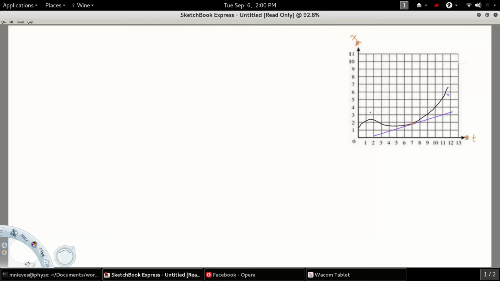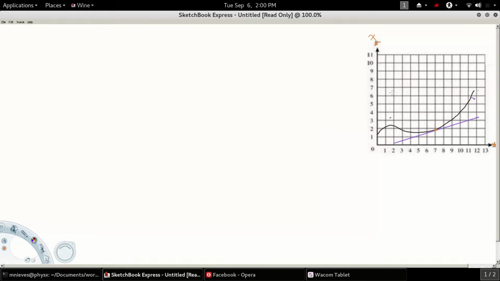So now instead of the average rate of change, we're asking, okay, so at time t is equal to 7, what is the rate of change of this curve? So we're not looking for an average, we're looking for instantaneous rate of change of the curve. So the slope of this line, the tangent line, tells us what the rate of change of the curve is at a single point, rather than the average of 2 points.